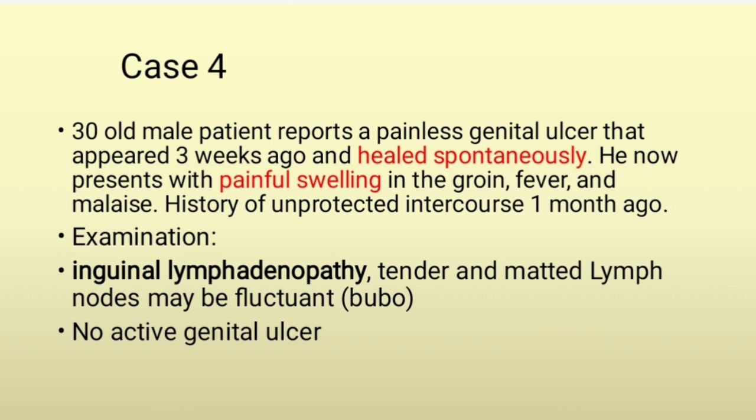Examination revealed inguinal lymphadenopathy, which is tender and matted, and there is no active genital ulcer. So here on examination, the patient had tender unilateral lymphadenopathy at the groin. The diagnosis was lymphogranuloma venereum.